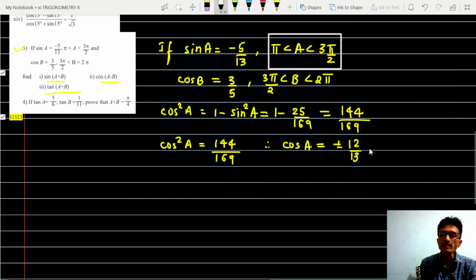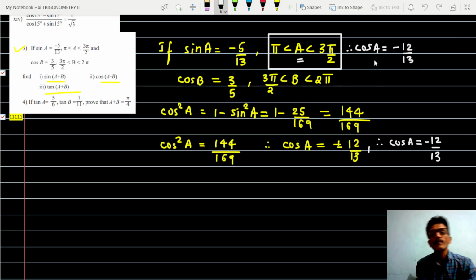As A lies in third quadrant, cos A will be negative, minus 12 upon 13. So we are getting cos A is equal to minus 12 upon 13, because our A lies in third quadrant.